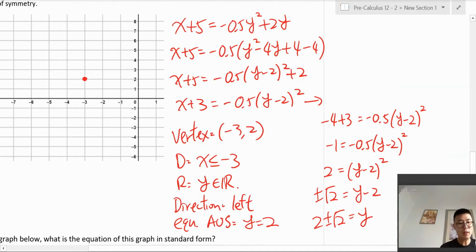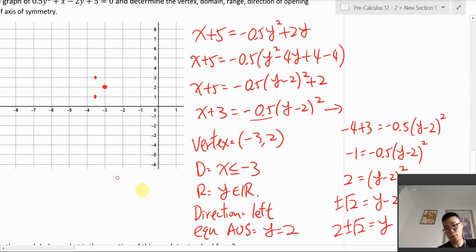Because the value of a is negative 0.5, the absolute value of a, without the sign, is 0.5. That means if I go 1 up, I'm going to go 0.5 left. And then 1 down, 0.5 left. I'm sure you probably know this anyways.